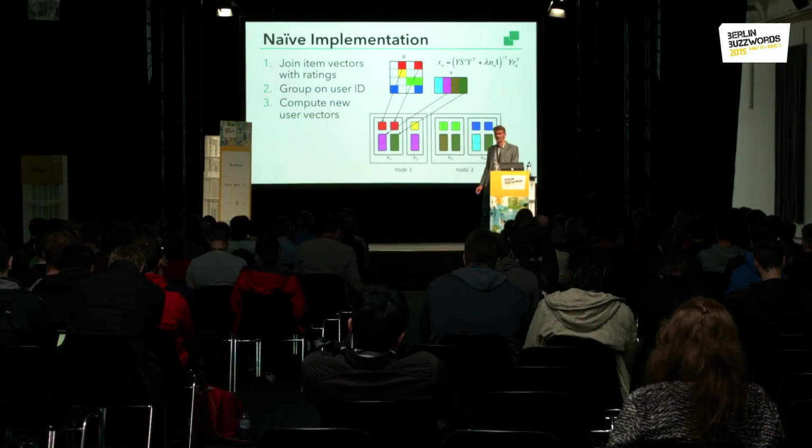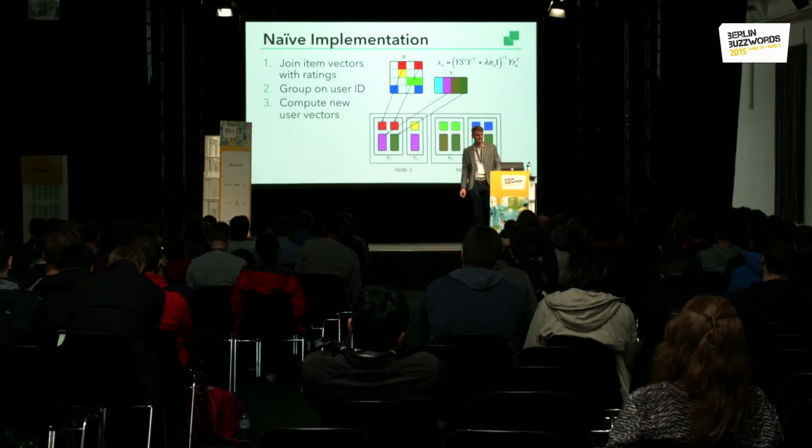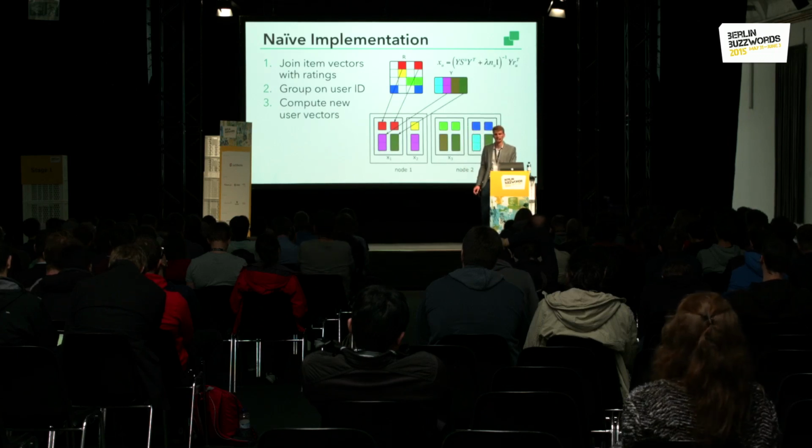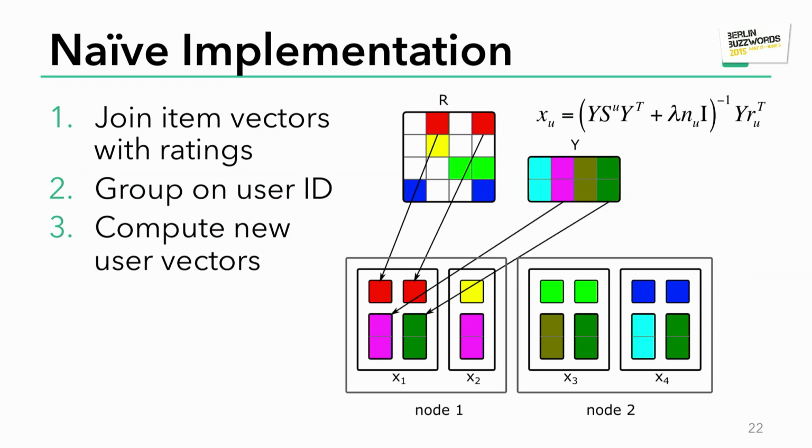To see what we have to do, we have to take a look at the update formula again. What we see is that we can update the user vector XU by, well, we need the ratings of the user U and the item vectors which the user U rated to compute the updated value of XU.